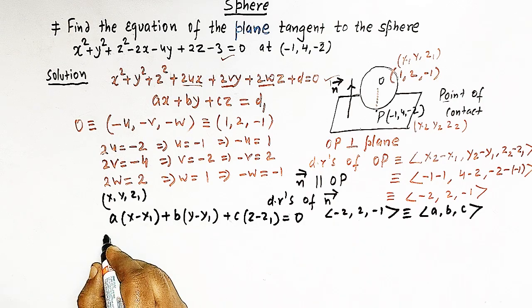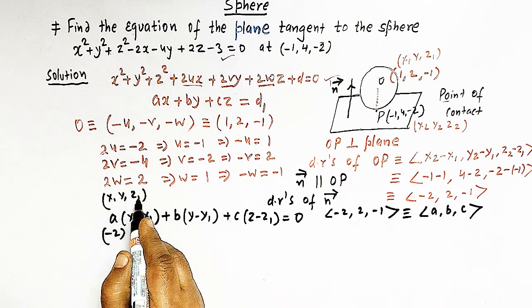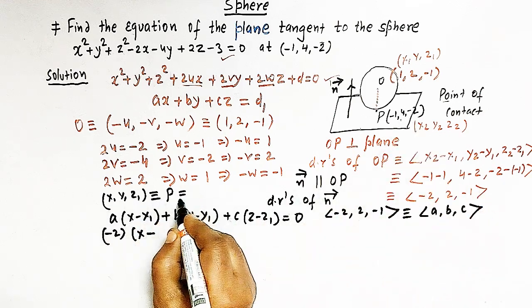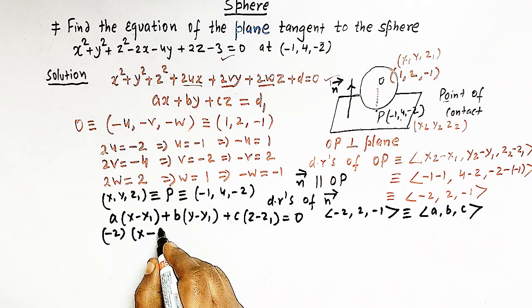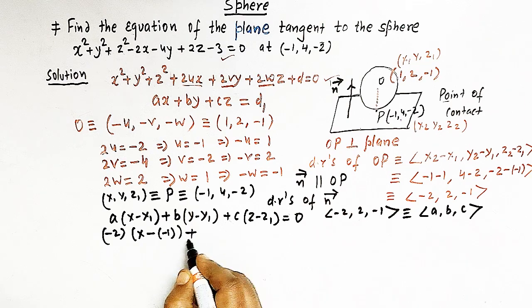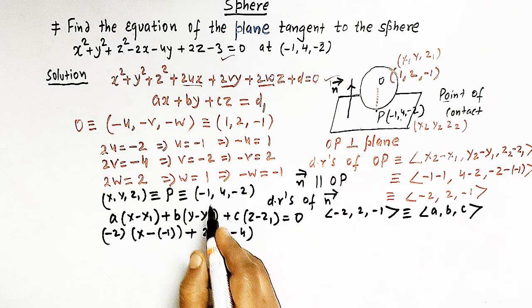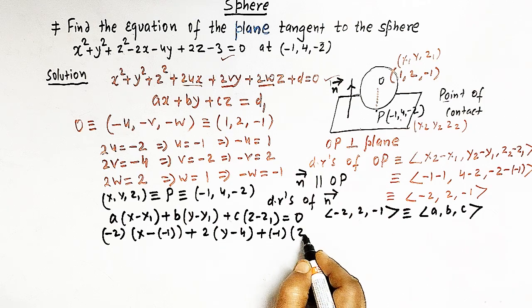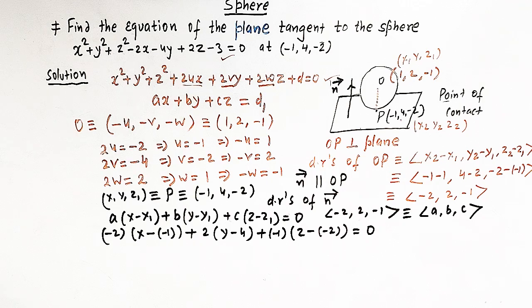So here we have now a minus 2, then we have x minus x1, where x1, y1, z1 may be taken as this point P, which is minus 1, 4, comma minus 2. So here we have minus 2 times x plus 1, then b is 2, and y minus 4, and then c is minus 1, and z plus 2, and this is equal to 0.